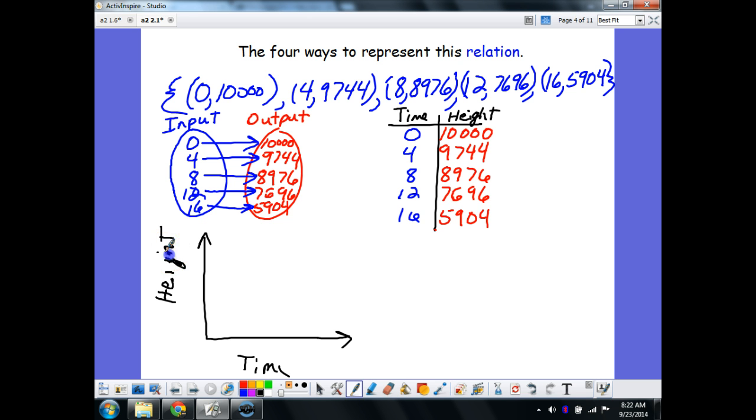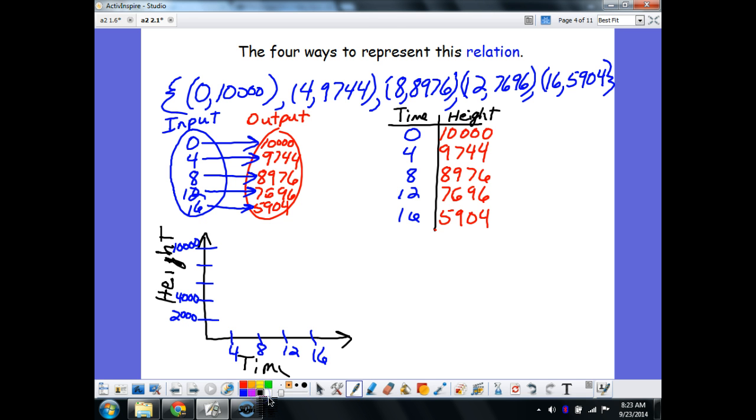So then we can put our times along here, 4, 8, 12, and 16, and our heights here, and we can maybe go by 2000s, 2000, 4,000, and so on.